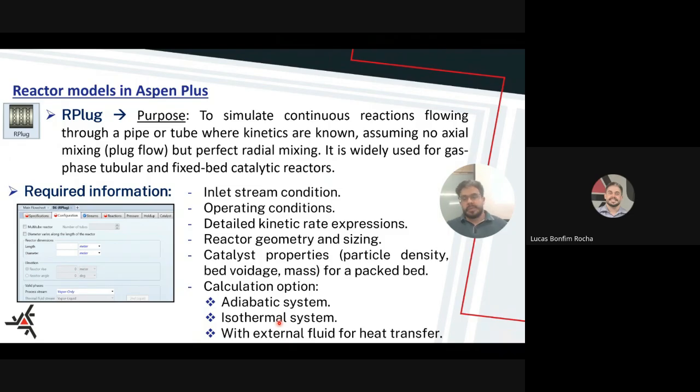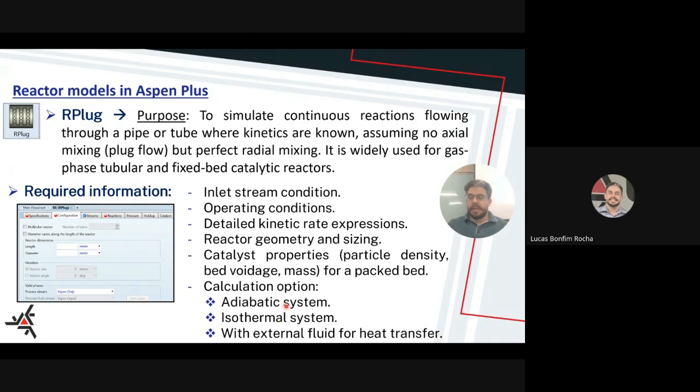We must specify the inlet stream condition, operating conditions, detail the kinetic rate expression, specify the geometry and sizing of the reactor, for example, the number of tubes, the length, the diameter of the tubes, the catalytic properties, for example, particle density, bed voidage, or mass of catalyst present in the reactor for a packed bed, because with this information we can calculate what's the volume that's available for the reaction. If you have something inside the reactor, it's not all the volume that will be available for the reaction.